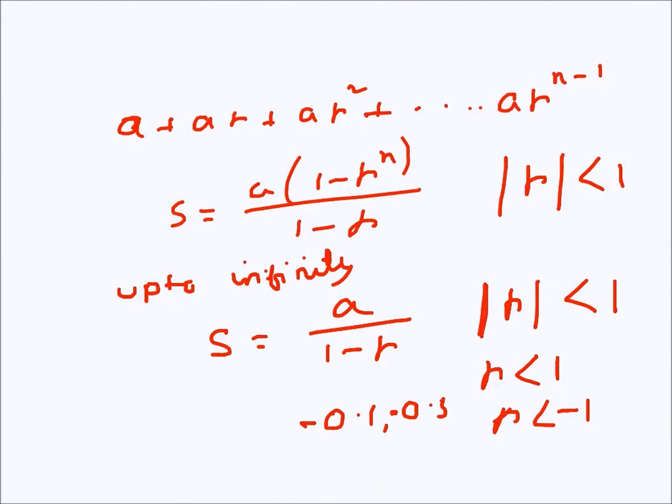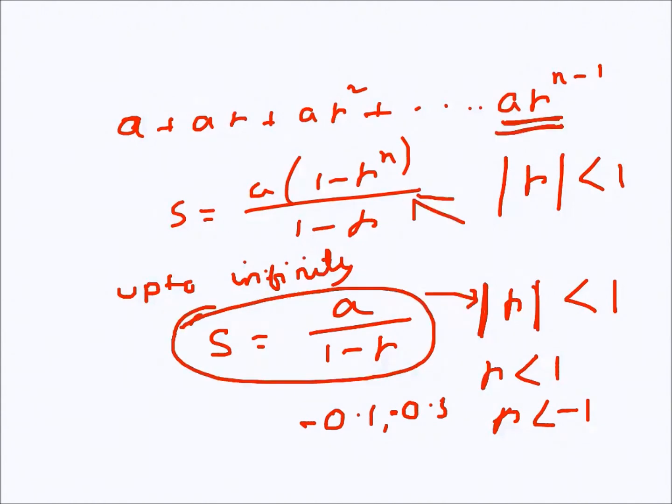The magnitude of r has to be less than 1, not just r less than 1, because r can be negative as well. Basically I was talking about the series that goes up to infinity. This is the sum, and the magnitude of r has to be less than 1, while the other is the formula for the general condition when the series goes up to a finite term.